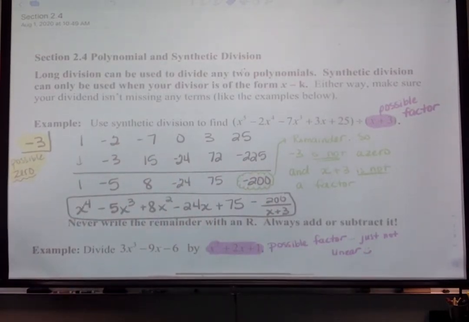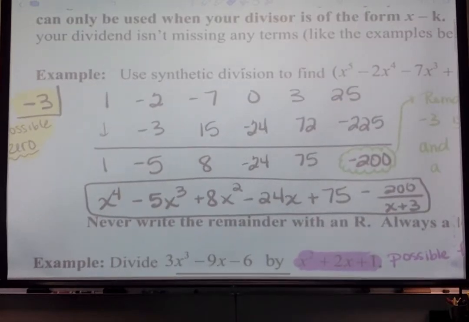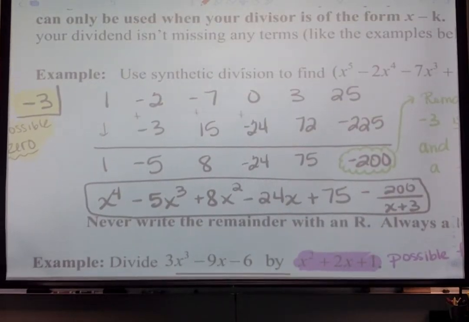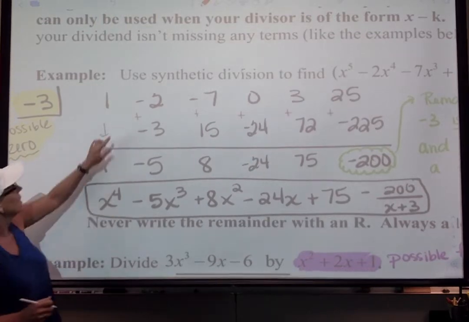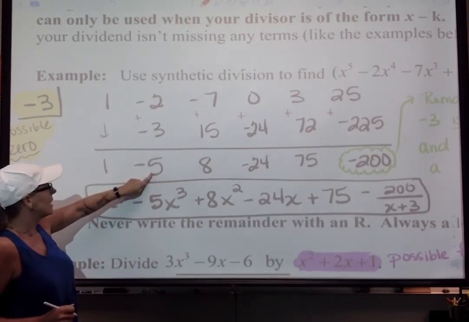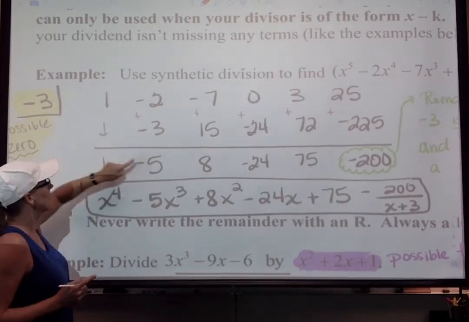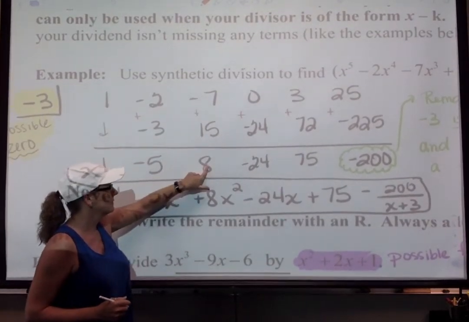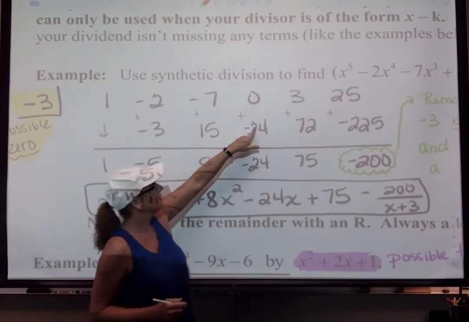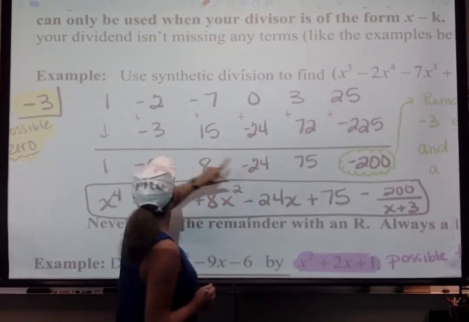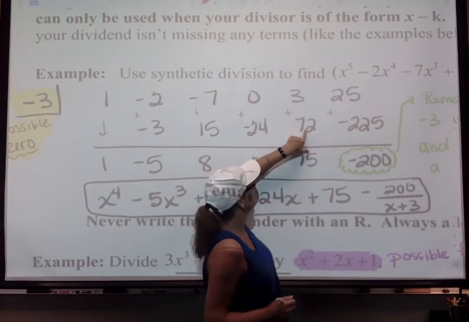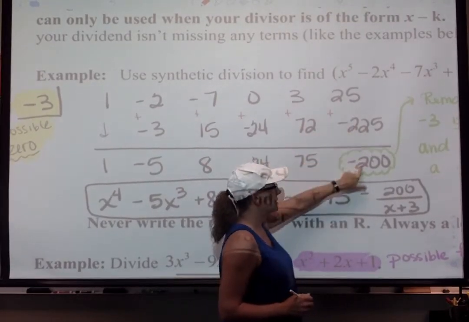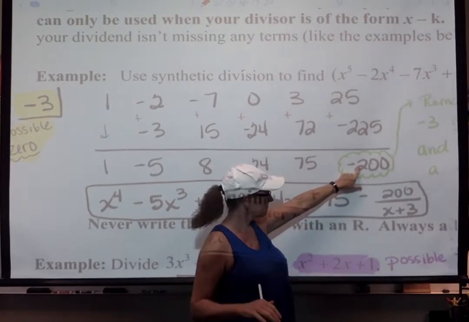So this is addition, addition, addition. All right, so I add these two and I get -5. Repeat the process. Multiply, I get +15. Add. Multiply, add. Multiply, add. Multiply, add. Finished.